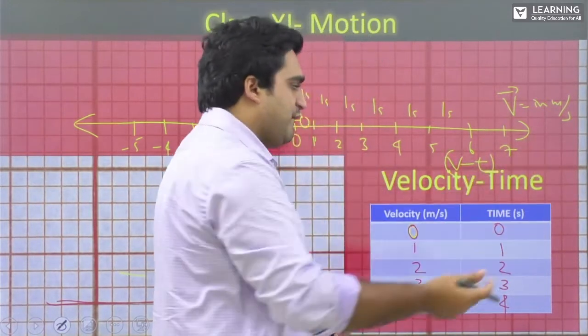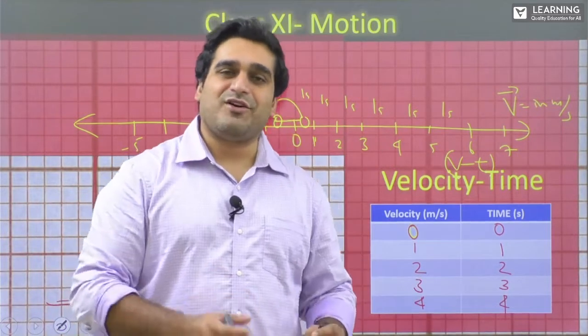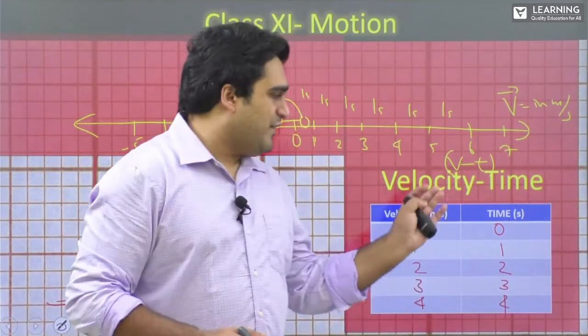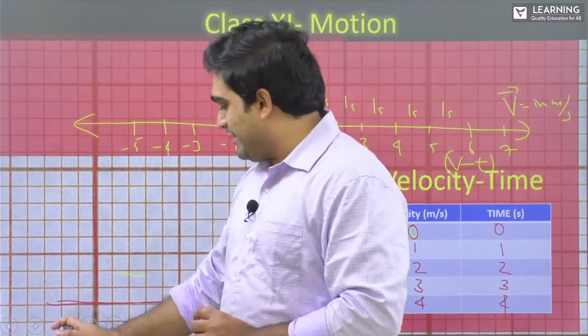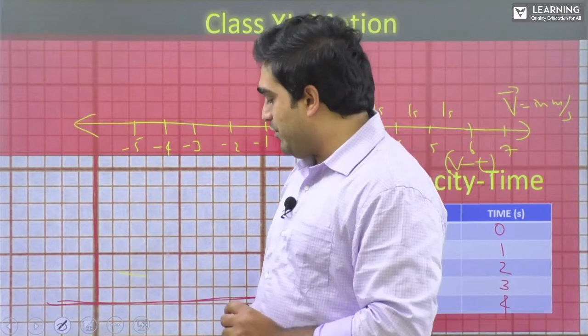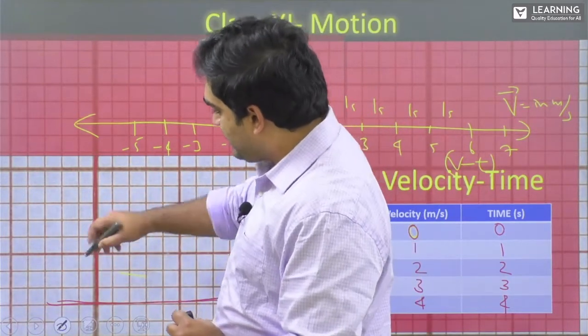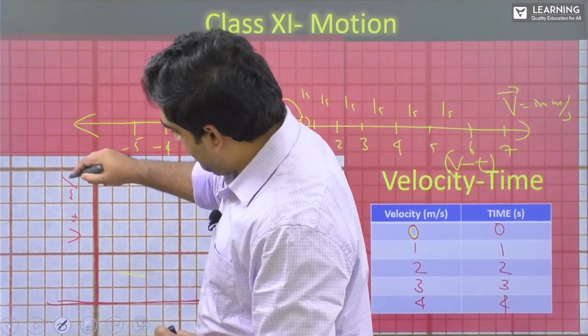VT graph. Easy. For a distance time graph, you call it XT graph. For a velocity time graph, you call it a VT graph. All right. So now it comes to plotting. Along the y-axis, we have velocity v in meter per second.